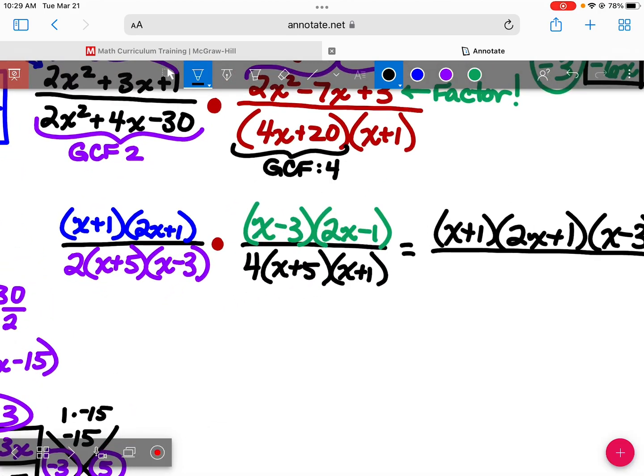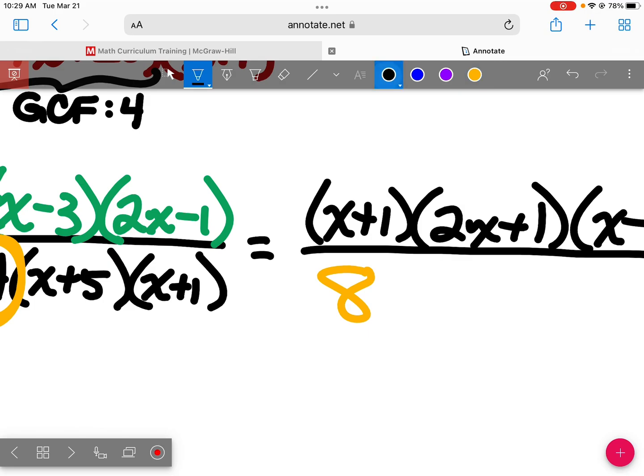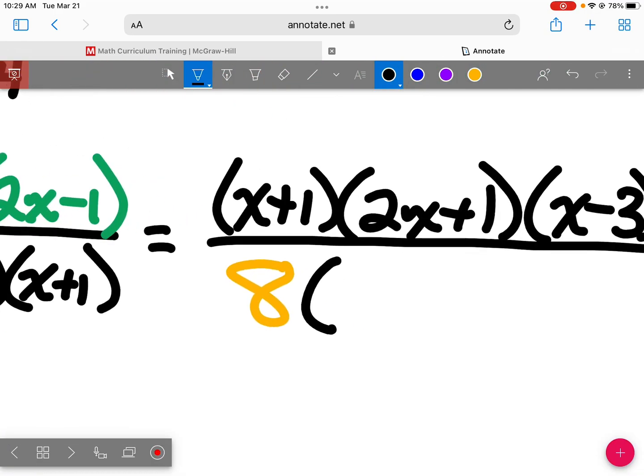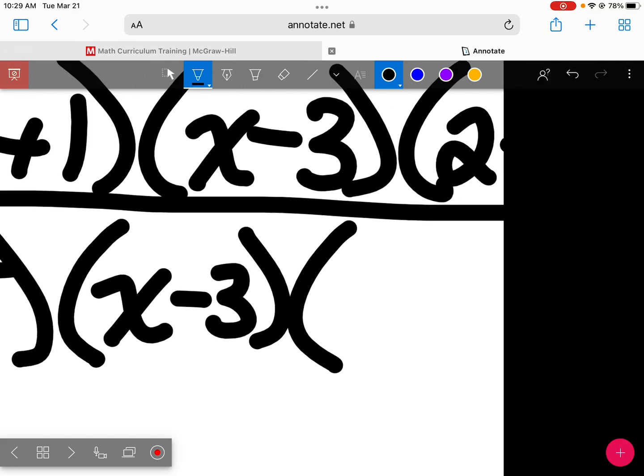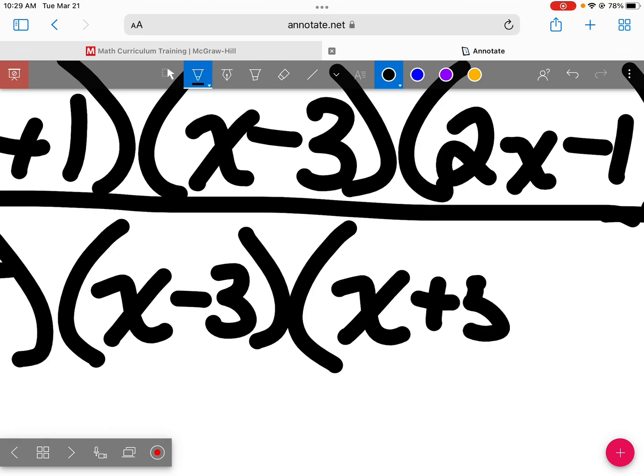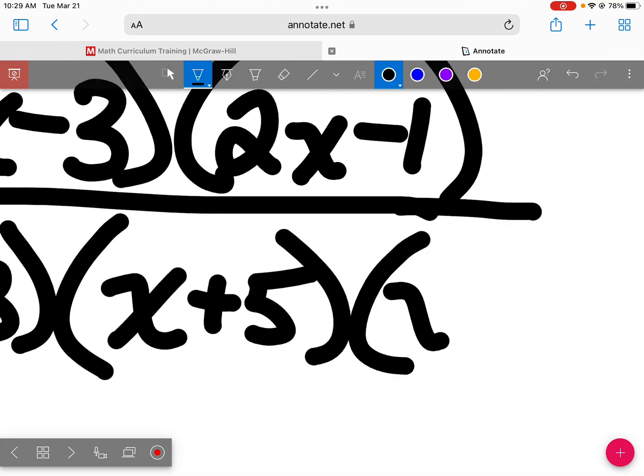Down in the denominator, I've got stuff inside parentheses, but then I also have this 2 and this 4 that are being multiplied together. What is 2 times 4? So I have 8, and then all of those parentheses. X plus 5, x minus 3, x plus 5, and x plus 1.